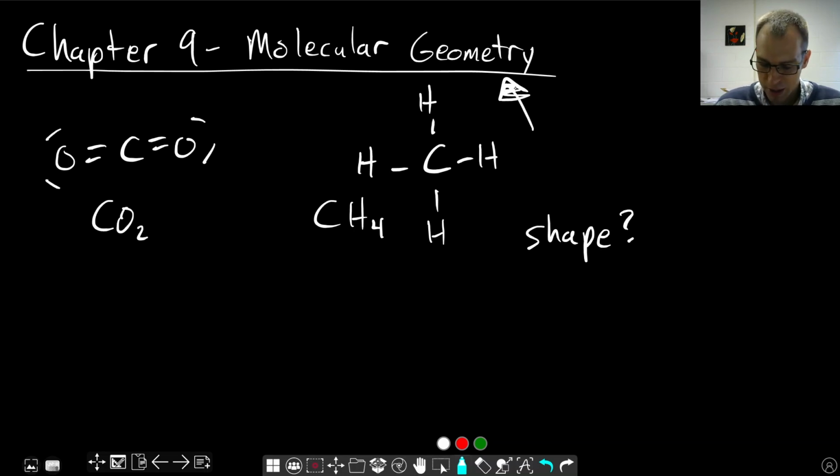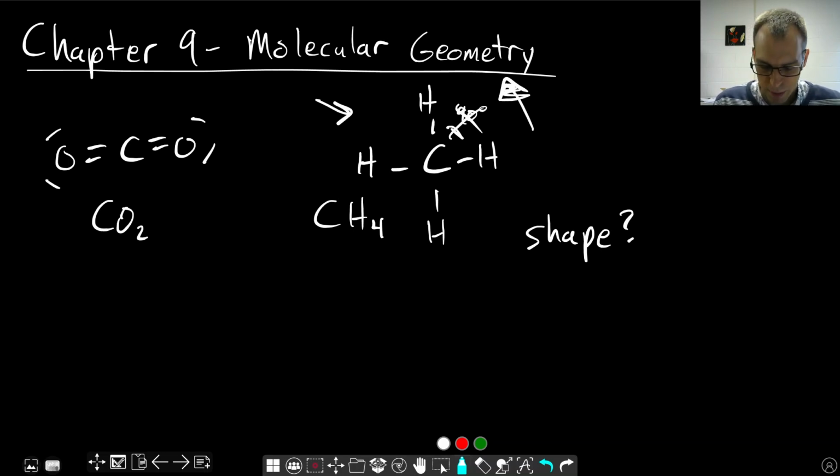So a methane molecule does not actually look like this with 4 hydrogen atoms at 90 degrees relative to each other, right? This is not what actually happens because methane does not exist on a piece of paper that's flat, right? It exists in space. And so that's the goal of this chapter, to take these two-dimensional representations we have as Lewis structures and find out how these actually look in three-dimensional space.